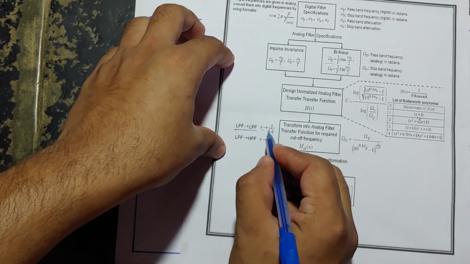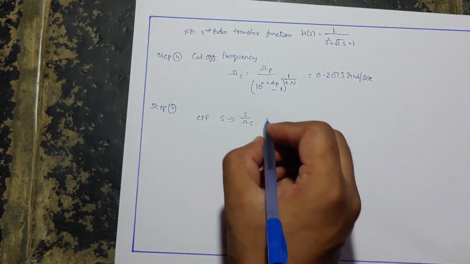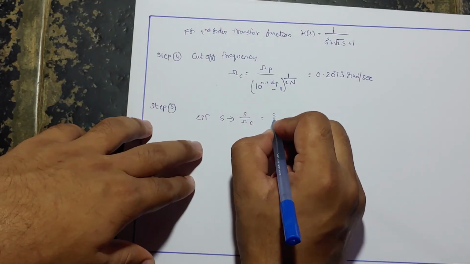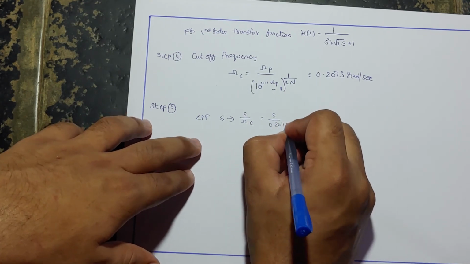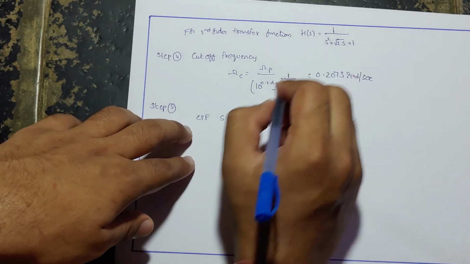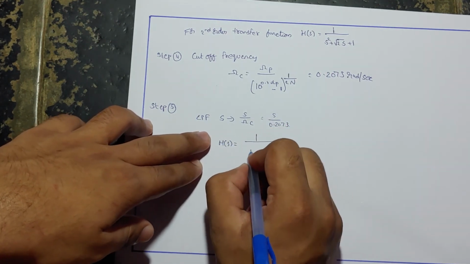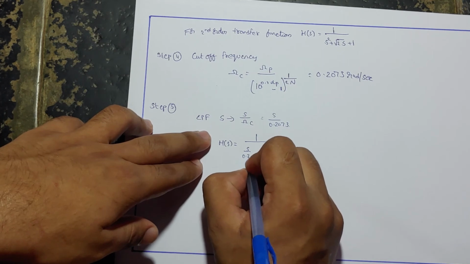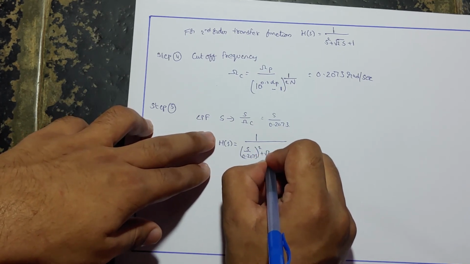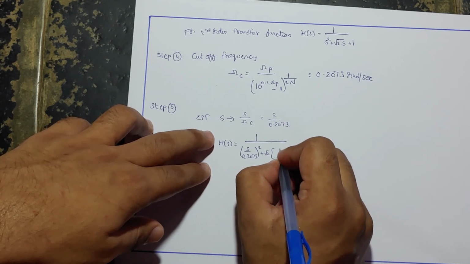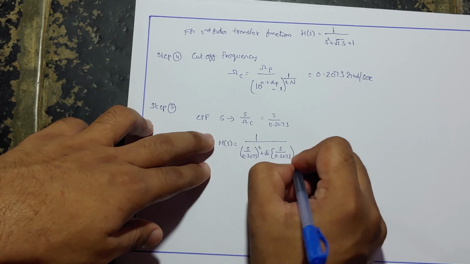Low pass will be S by the cutoff frequency, that is S by 0.2073. We know that H of S is equal to 1 by S square, which is S by 0.2073 whole square, plus square root of 2 into S by 0.2073 plus 1.